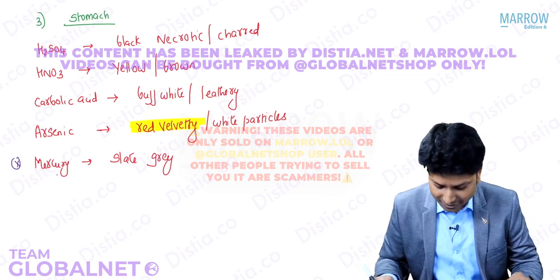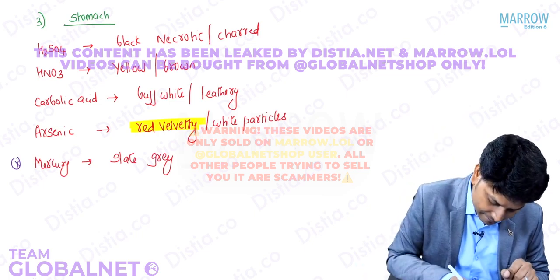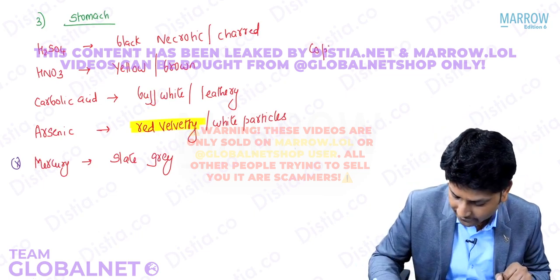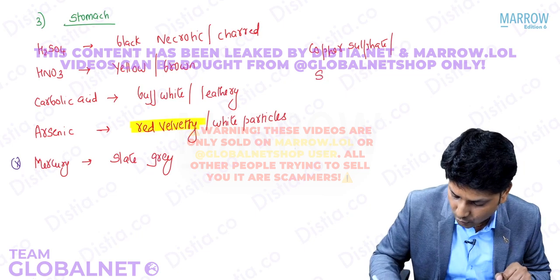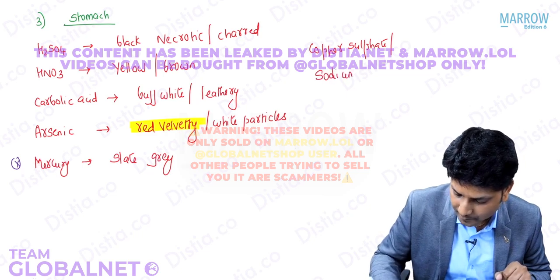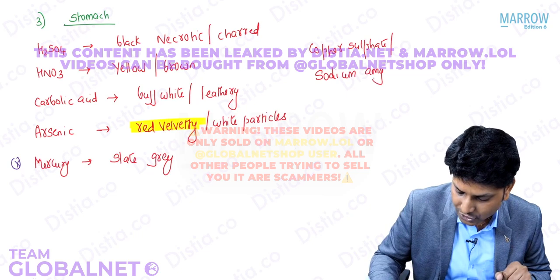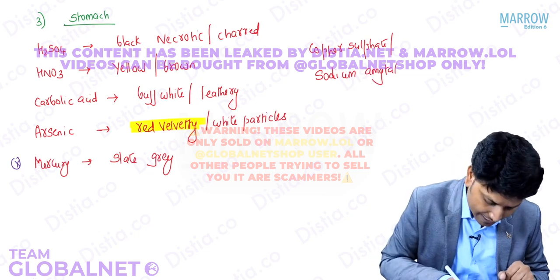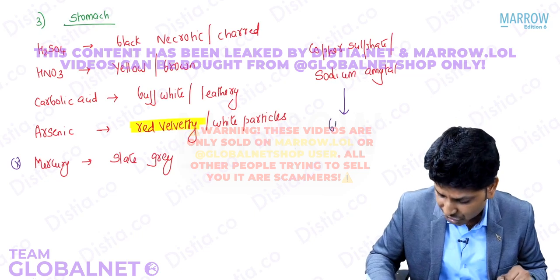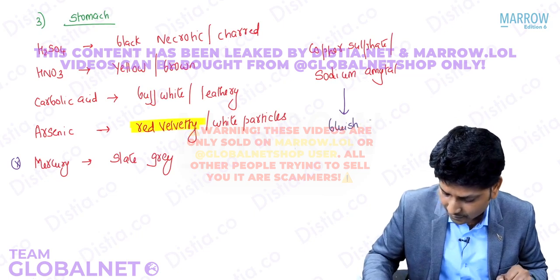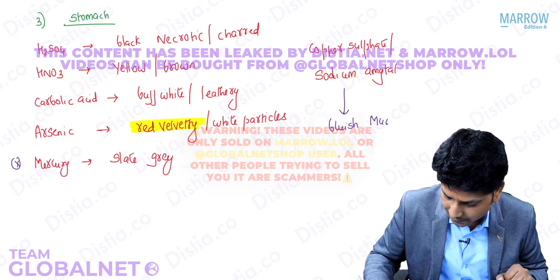Okay, right. The next one is copper sulfate. Not only copper sulfate, friends, even in sodium amytal, one typical finding that you will notice here is bluish stomach mucosa. Right?